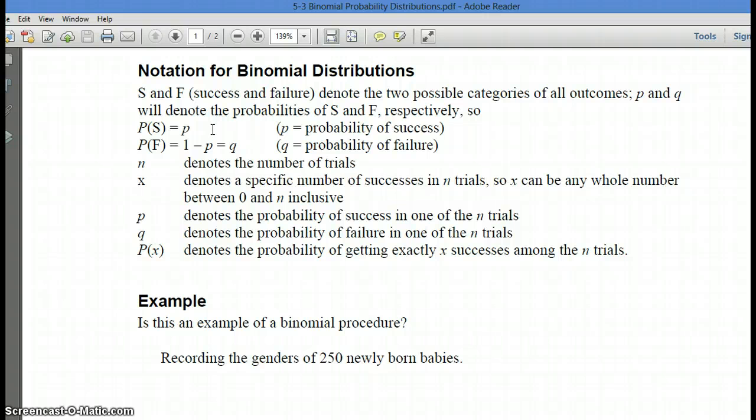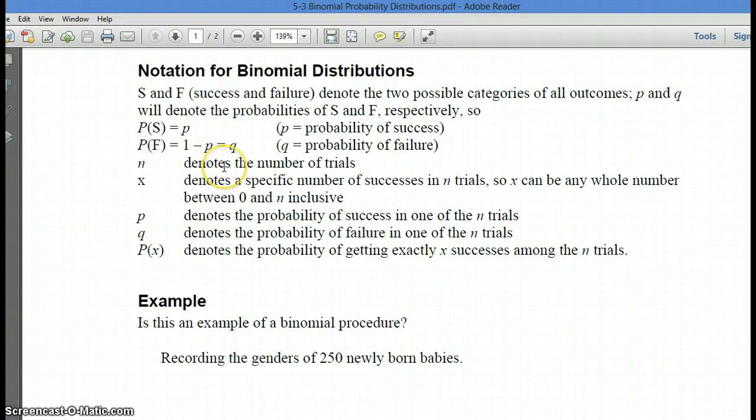So you have probability of success P and probability of 1 minus P from the complements rule of probabilities. Since you have two outcomes, the probabilities should add up to 1. So P plus 1 minus P is equal to 1.